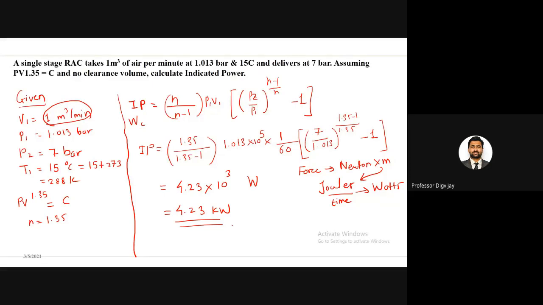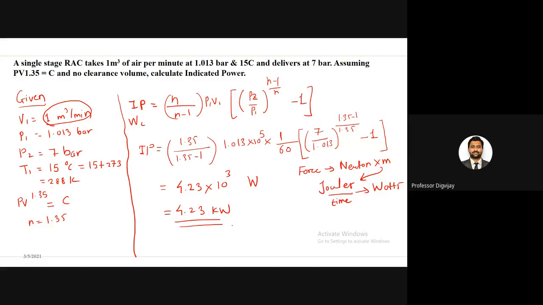If you want to clean finished products, we require highly pressurized air. Where does it come from? It comes from a compressor. The compressor stores this compressed air in the receiver, and from the receiver we take that air and clean the objects. So there are very wide applications for reciprocating air compressors.